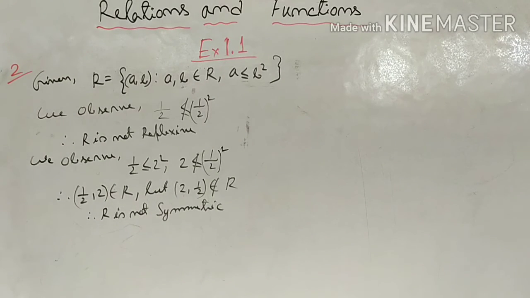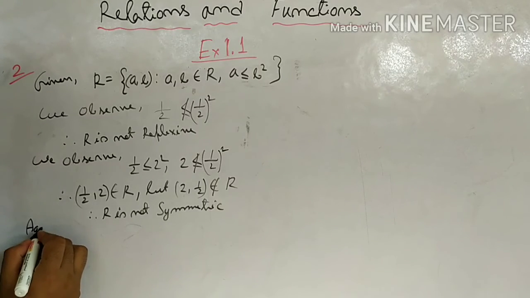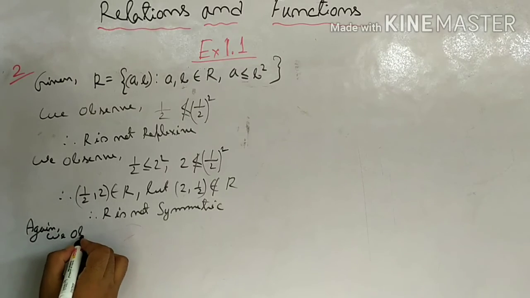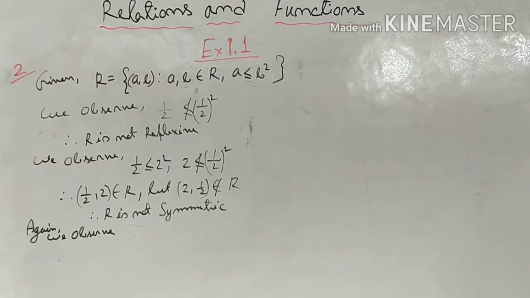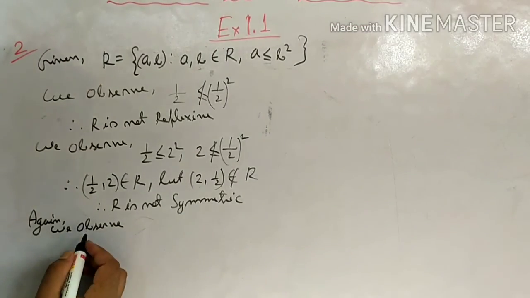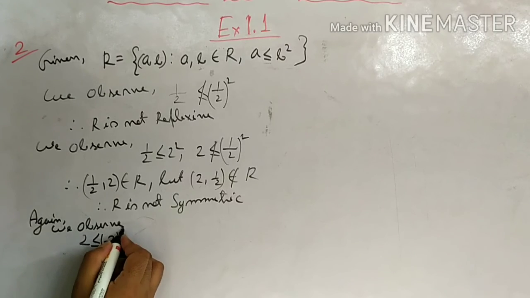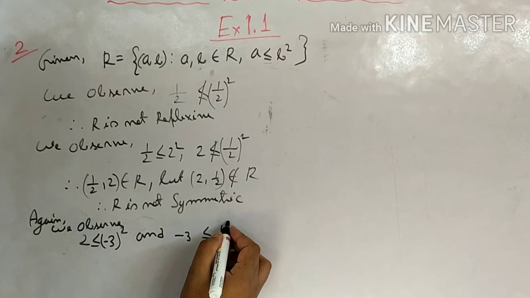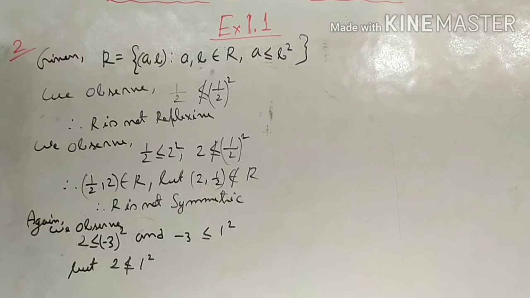Again we observe, 2 is less than or equal to (minus 3) whole square and minus 3 is less than or equal to 1 square, but 2 is not less than or equal to 1 square.